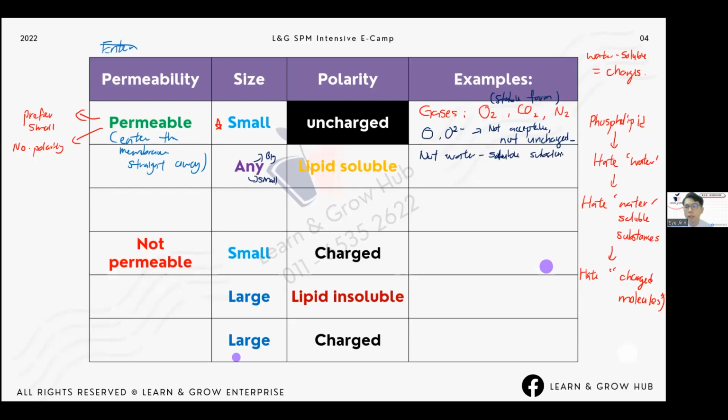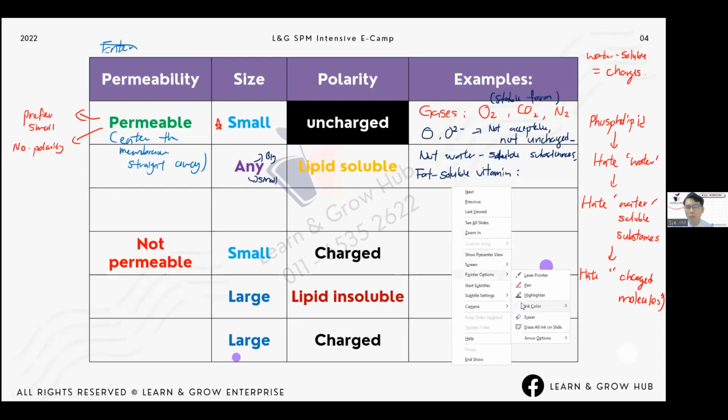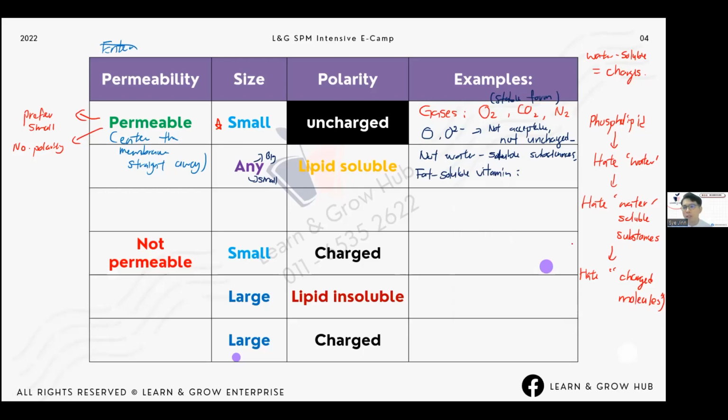In SPM, normally they will link this question to another famous topic, because we learn about fat soluble vitamins. I know most of the students here like to eat vitamins, because I was someone like you before. I liked to eat a lot of vitamin B and C. Maybe now that I'm so old, I need to eat some vitamin E, an antioxidant, so I can get older slower.